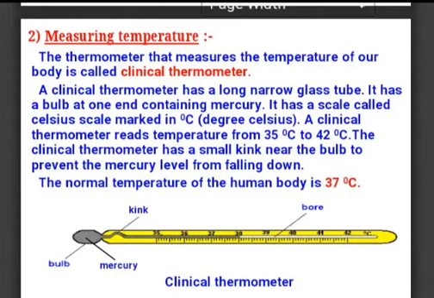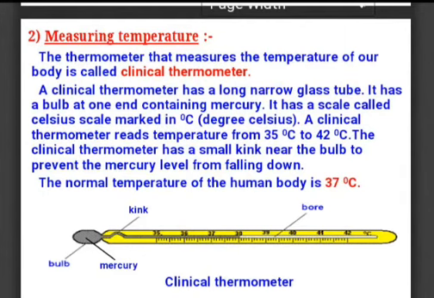A clinical thermometer reads temperature from 35 degrees Celsius to 42 degrees Celsius. The clinical thermometer has a small kink near the bulb to prevent the mercury level from falling down.